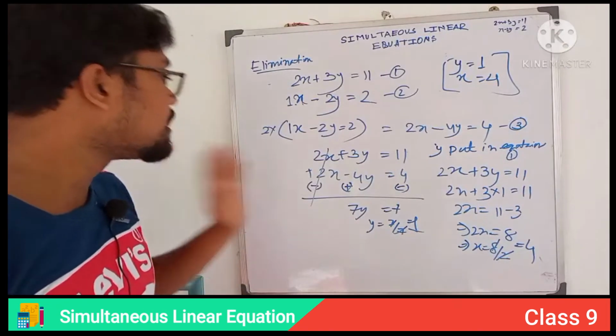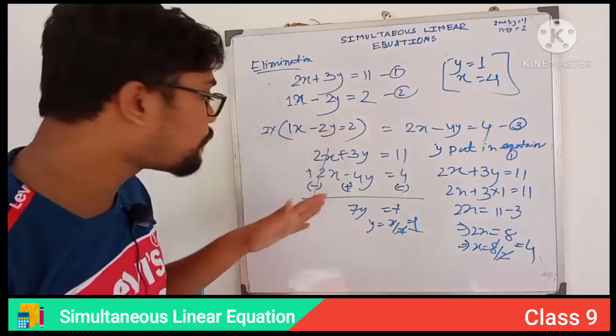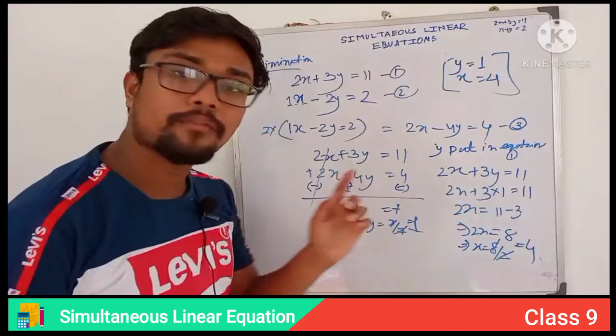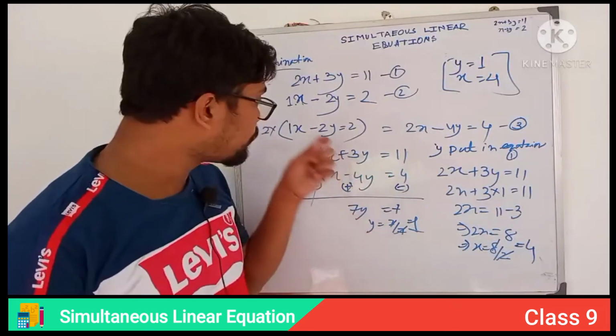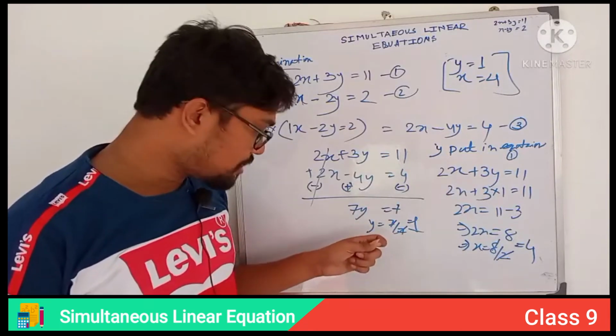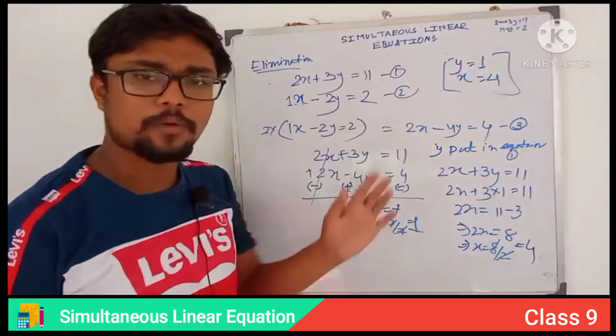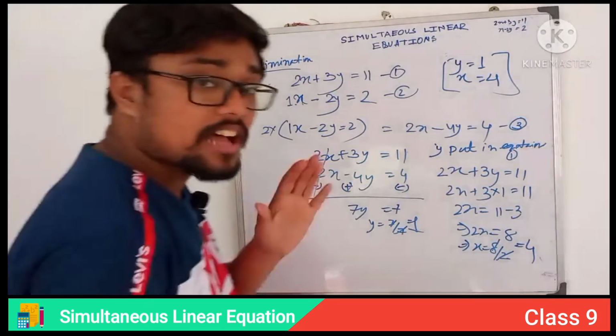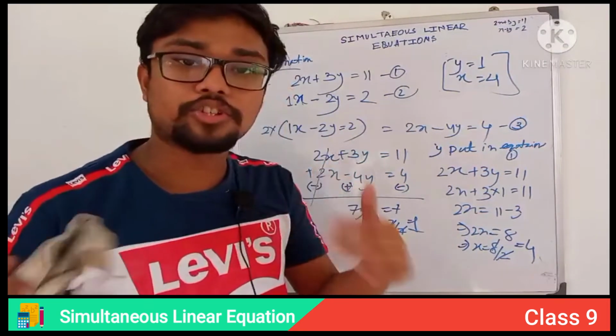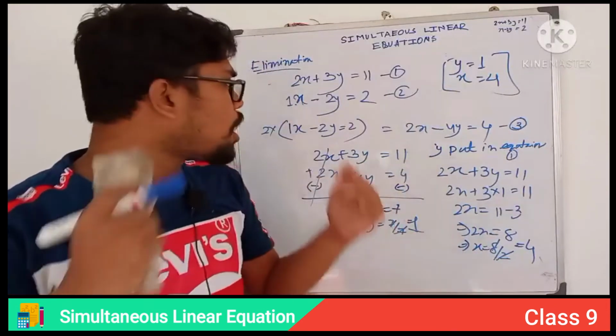Then one variable cancels and the equation is made of one variable. By this process we get a variable from two equations, and putting this value in any equation, we get the other value. Fine. This was the elimination method. Now I will show you 2-3 more complicated examples of these two methods.